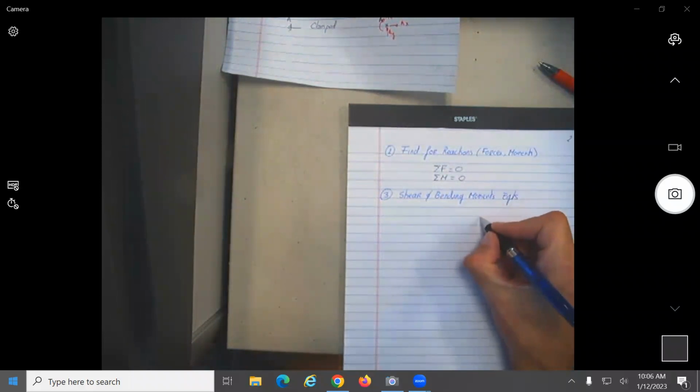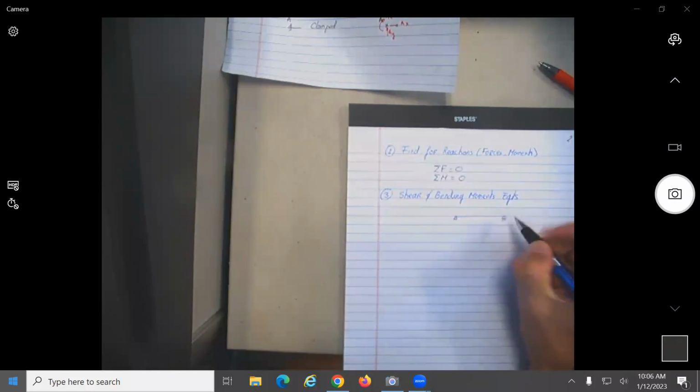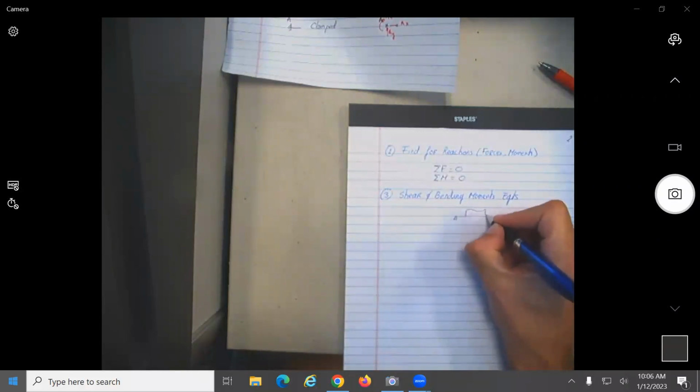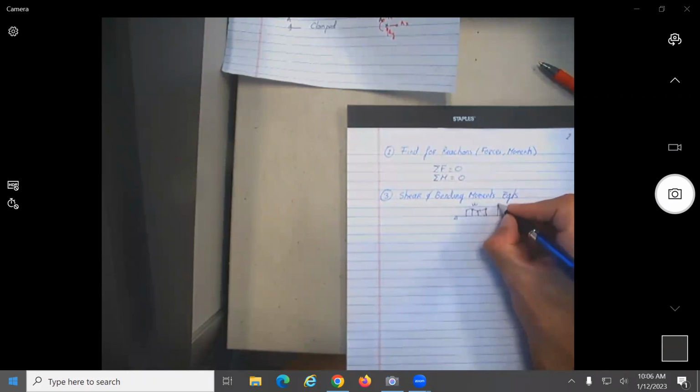Let me just redo here that little figure that I did before. Okay, I mean, you can do a different figure, doesn't matter. I'm just trying to do the same one.